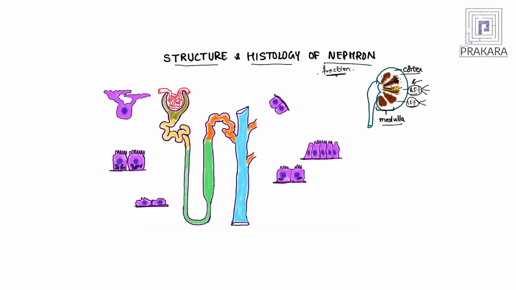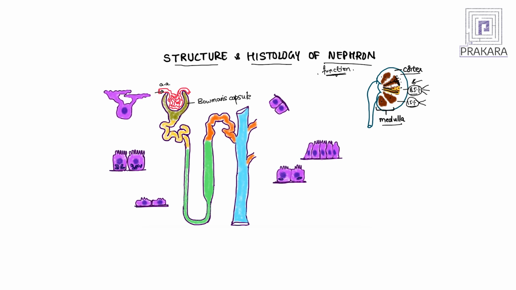Alright, each nephron will receive an afferent arteriole, which gets into the first part of the nephron called the renal capsule or Bowman's capsule. Students also recollect that the afferent arterioles are the branches of interlobular arteries.